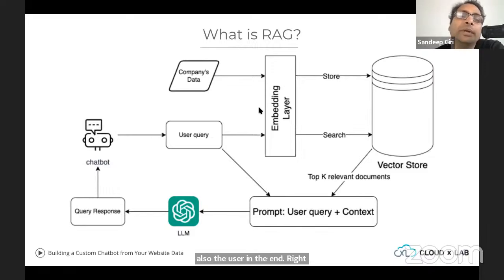What companies do is, while generating the embeddings or storing in the vector store, they eliminate personally identifiable information such as names of people, places, and so on. People usually use something like named entity recognition, which recognizes that a word is a proper noun. You may want to replace it with some other word, or mask it, and then store it in the database.